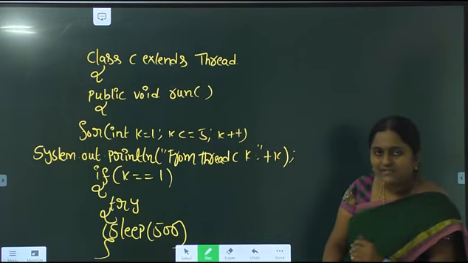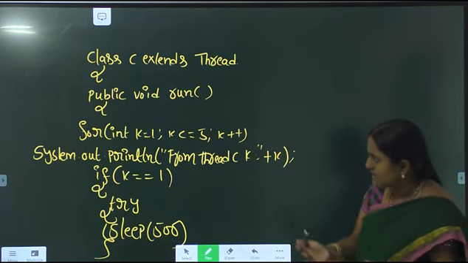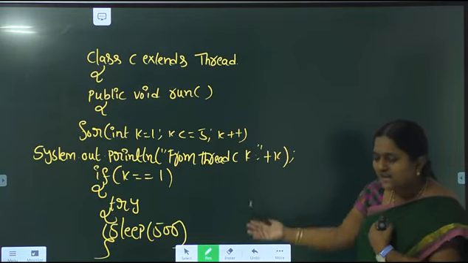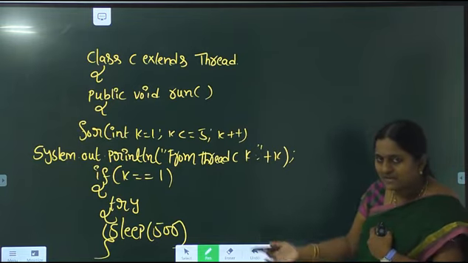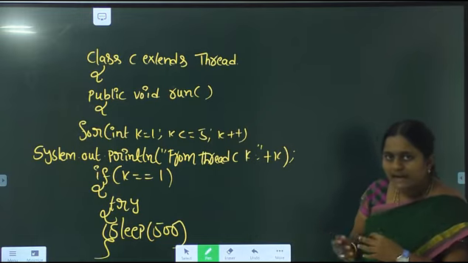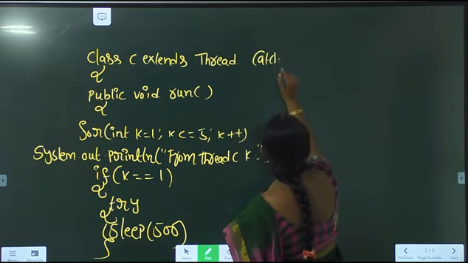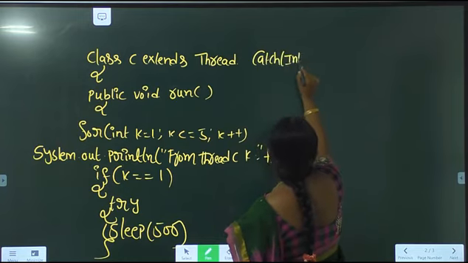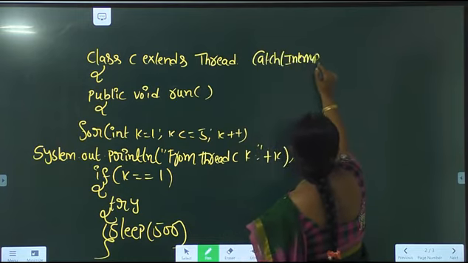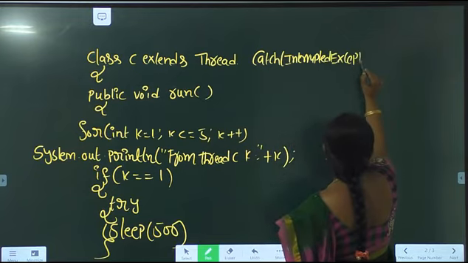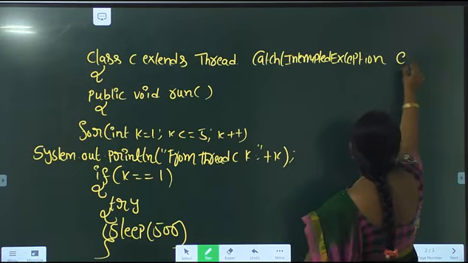In this one, try identifies the exception and catch handles the exception. If k equal to 1, the thread will go to the sleeping state until 500 milliseconds time has elapsed. So here, catch InterruptedException, where e is the reference of this catch block.